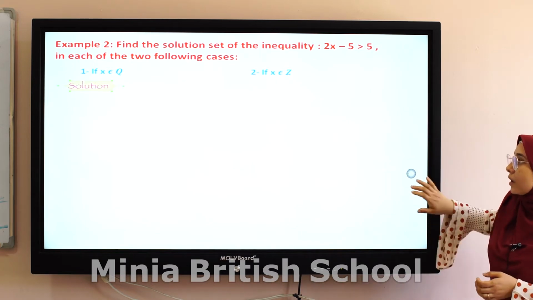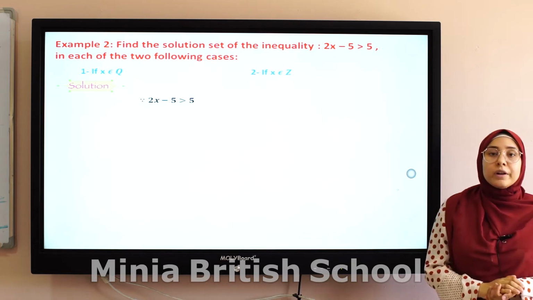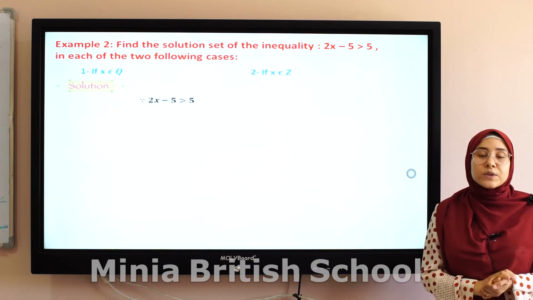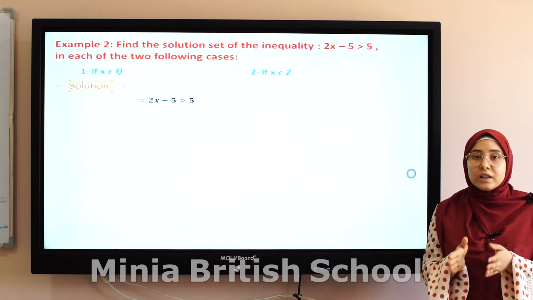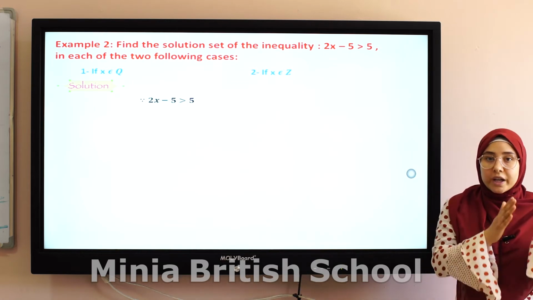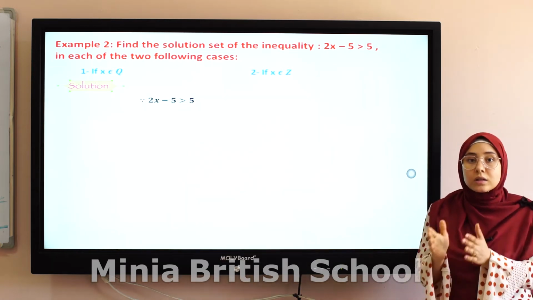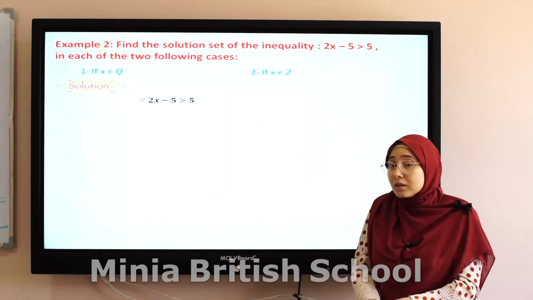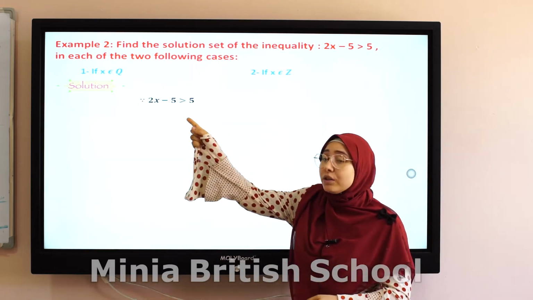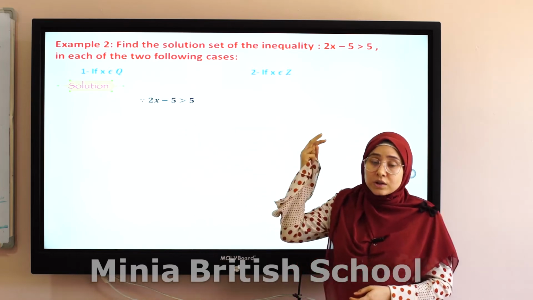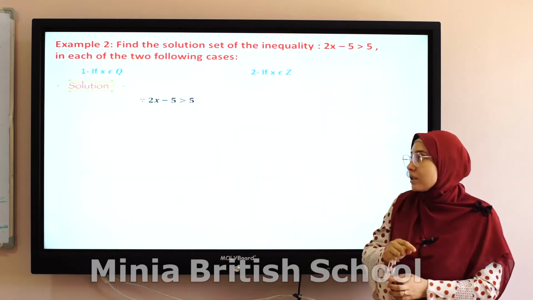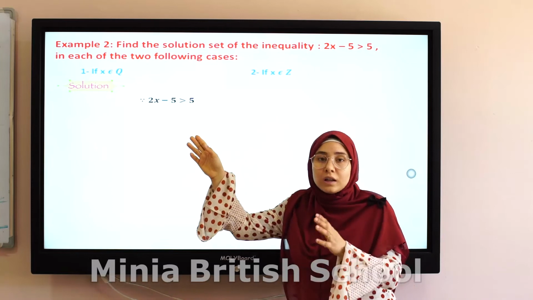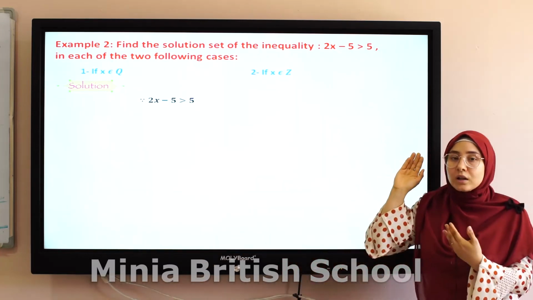So here my inequality is 2x minus 5 greater than 5. I need to separate the variable and the constant. My constant here is -5. So I need to move the -5 to the other side with the opposite sign. The sign of the constant here is negative, so the opposite sign is positive.